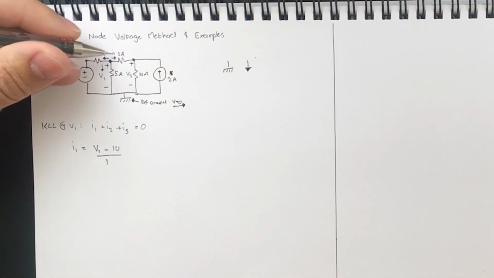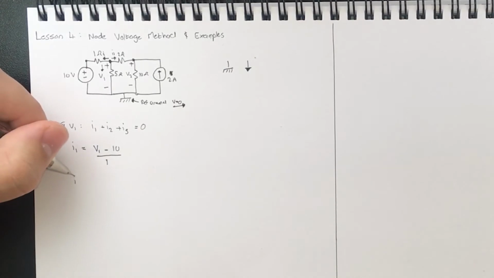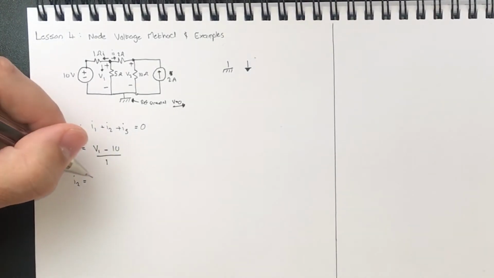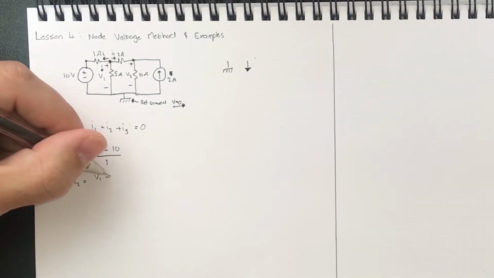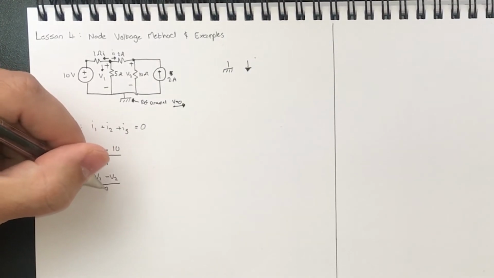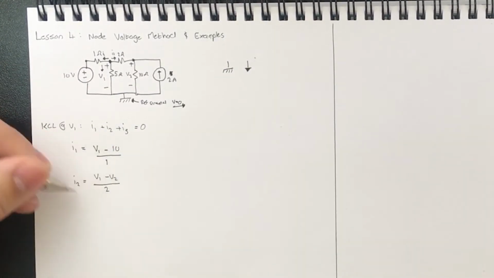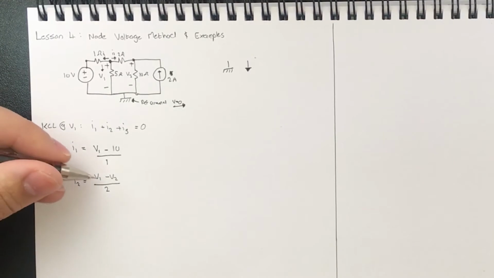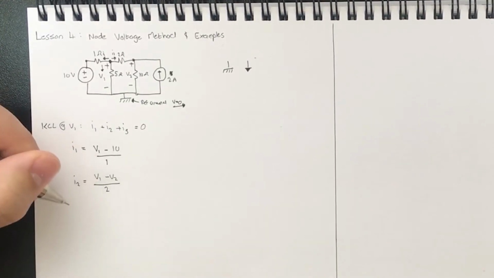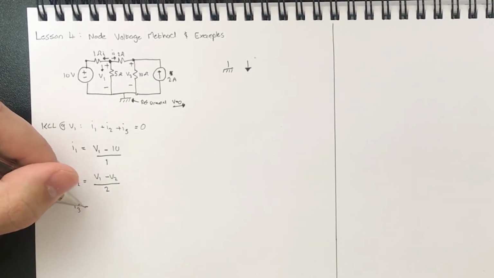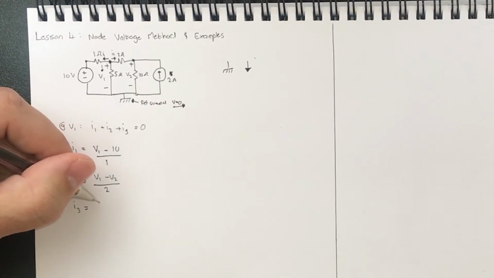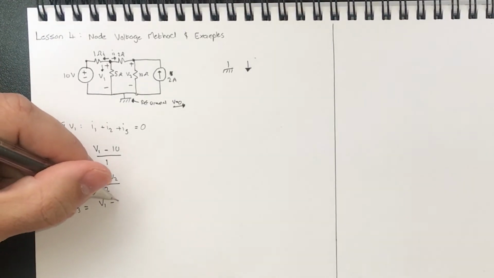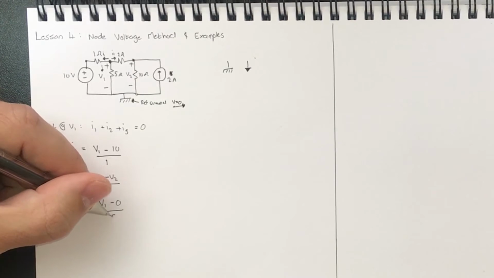Similarly, we can do with I2. We have I2 is equal to V1 minus V2 over 2 ohms. So this is simply Ohm's law. I is V over R. And we do the same with I3.